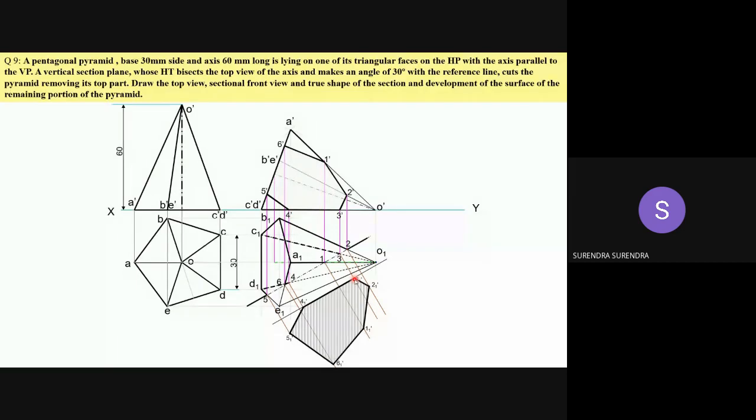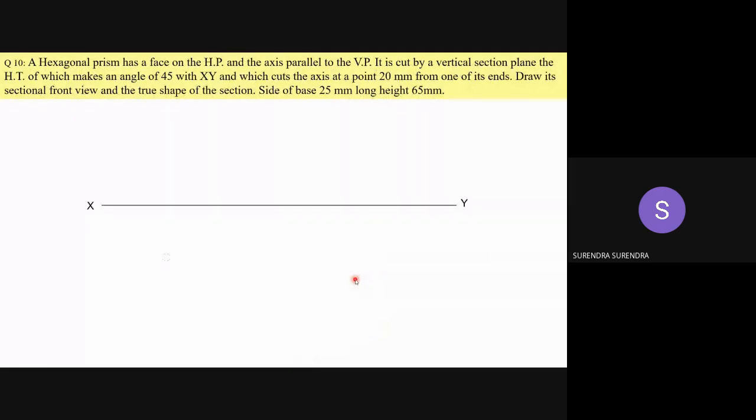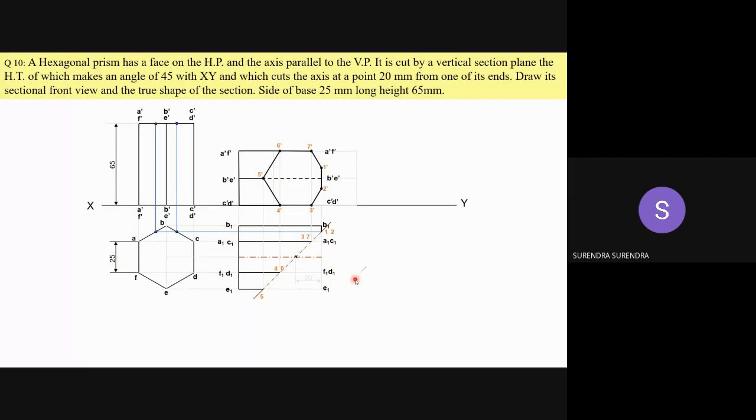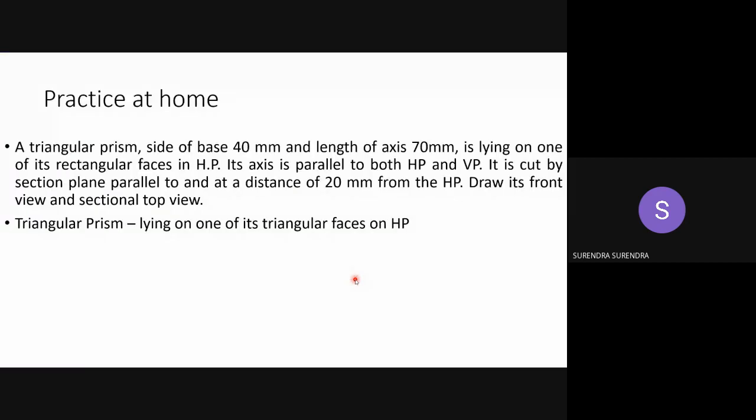Draw this problem in your sheet also. And actually one more problem is there in the PPT. No need to draw it in the sheet. Just go through this. This is also not a simple position, but go through this.